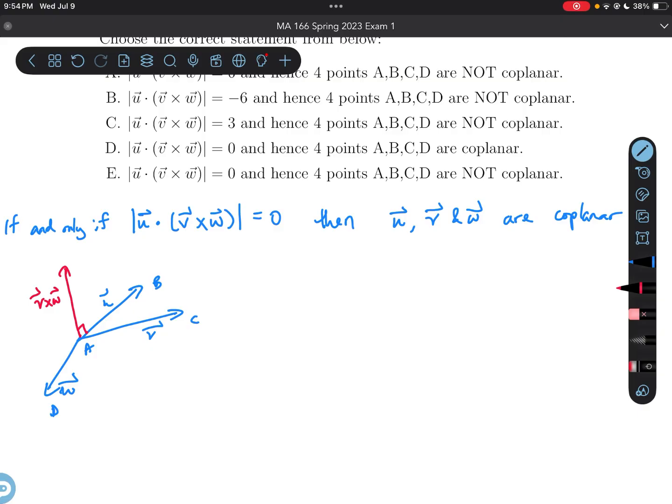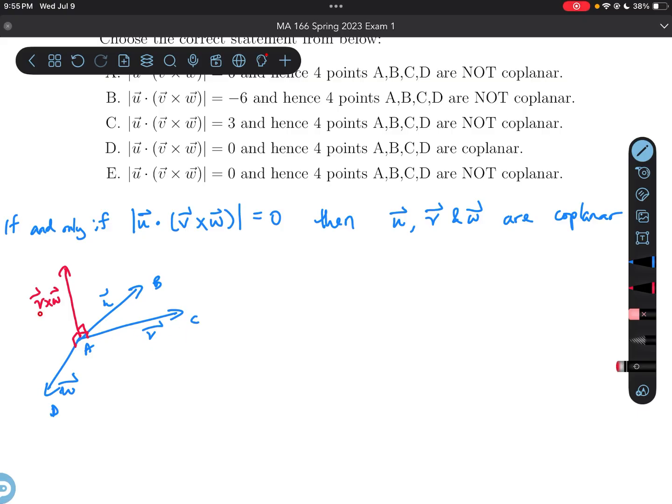And we know by the property of the cross product that the cross product is basically the vector that is perpendicular to both the vectors that you're finding the cross product of. So we know that this vector is perpendicular to W and V.